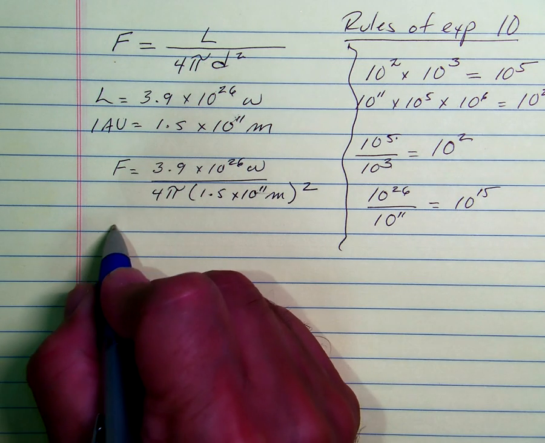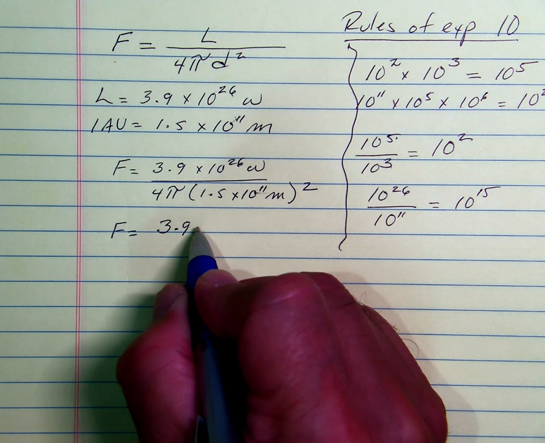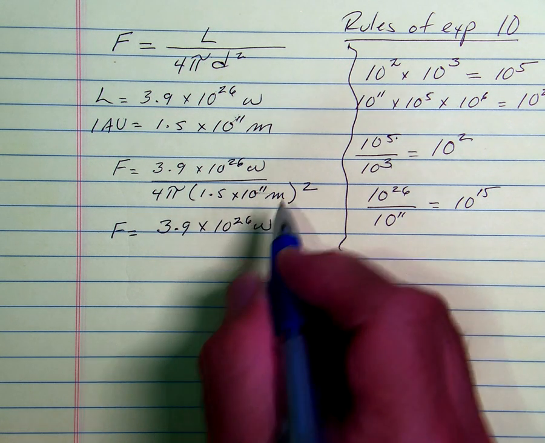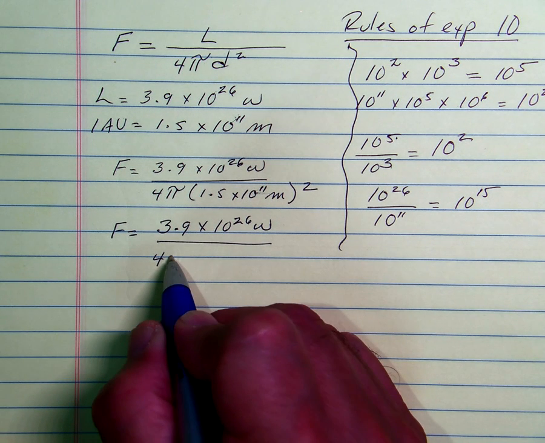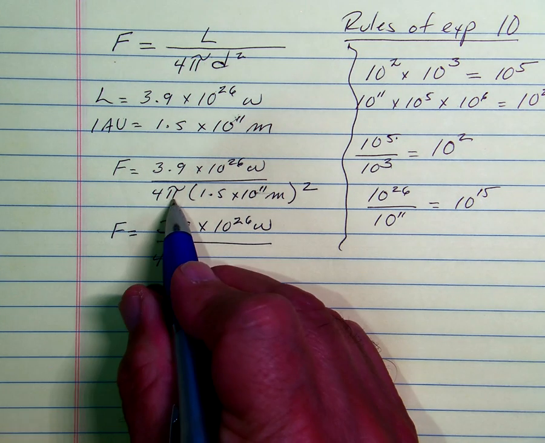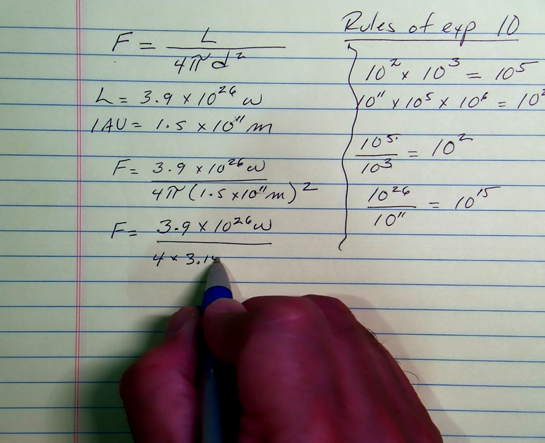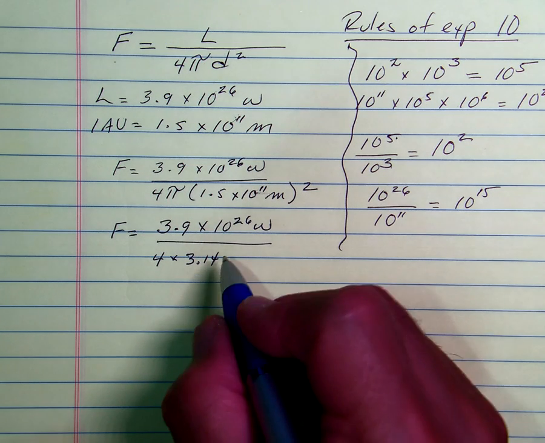Even though it seems repetitive, let's try doing that. 3.9 times 10 to the 26 watts divided by 4 times, now I'm going to convert pi into a number, which is 3.14. You can use calculators that have a more precise number, but pi at 3.14 for our purposes will work.